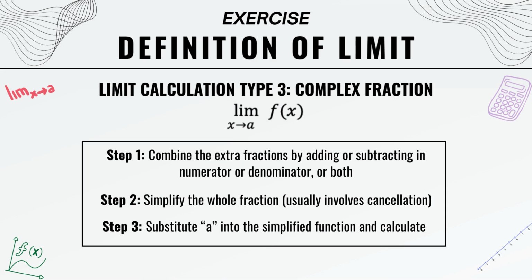You can do so by first simplifying the numerator, denominator, or both, depending on which contains extra fractions, by combining them through adding or subtracting. After that, some terms will cancel each other out, and be sure to look for it. Finally, you'll have an entirely new function, one that when you try to substitute into it will be a determinate form.